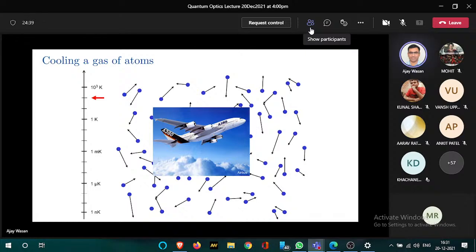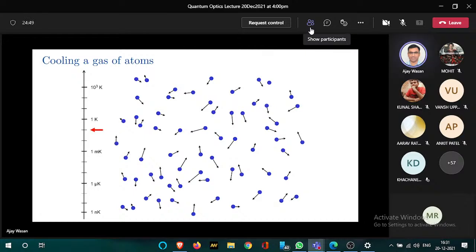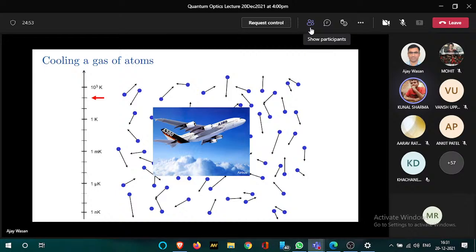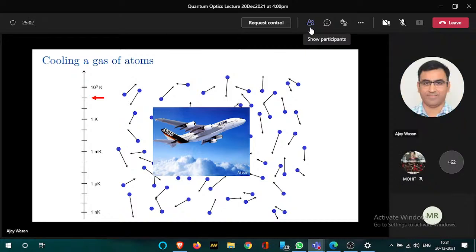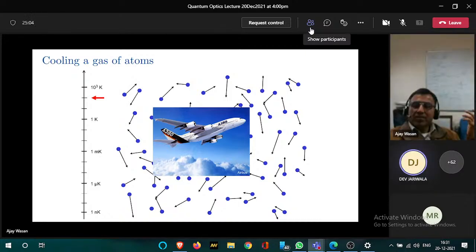What is an aeroplane's velocity, by the way? Anyone can guess in kilometers per hour? 800 to 1000. 600 to 700. So it is less than the speed of sound, that is for sure.